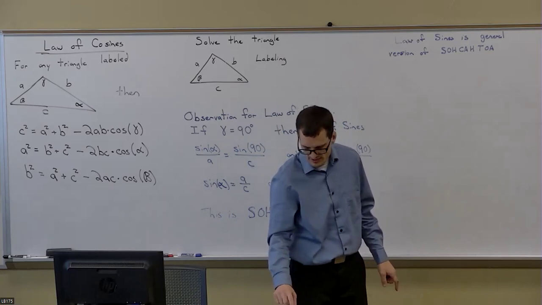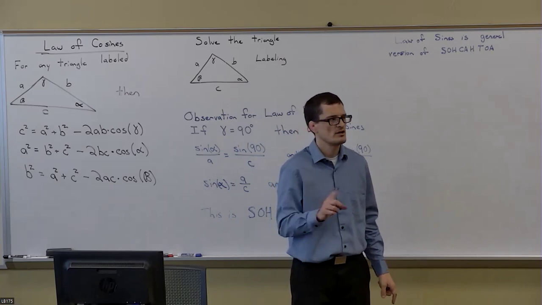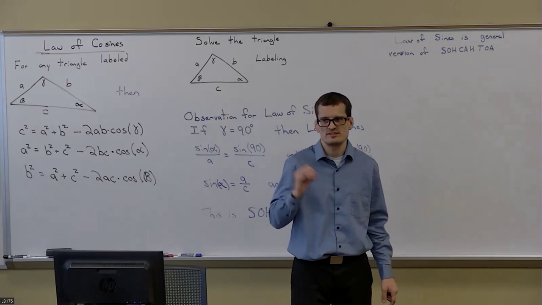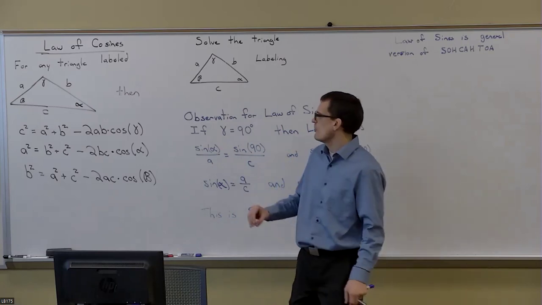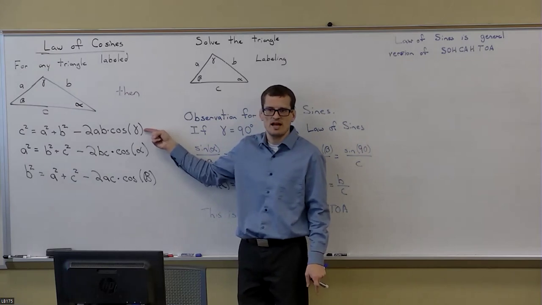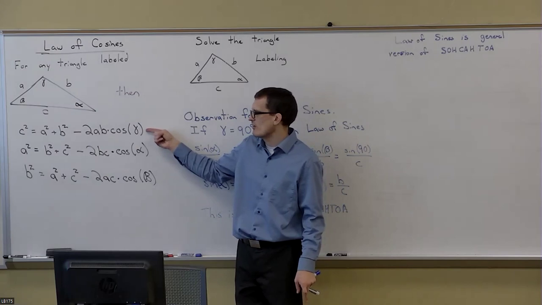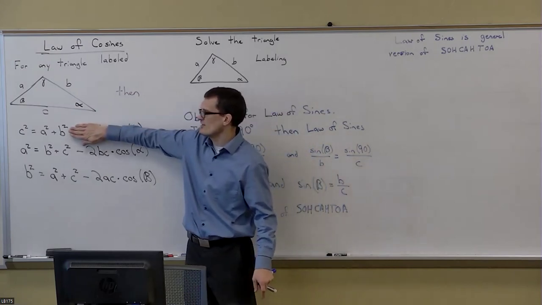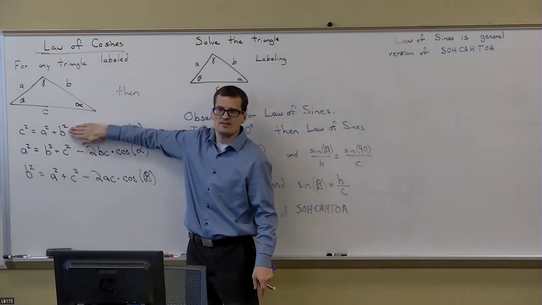What's cosine of 90 degrees? Sine is 1. Cosine of 90 degrees is 0. So if this gamma happened to be a right angle, I get 0 adjustment to the Pythagorean theorem. You see that?